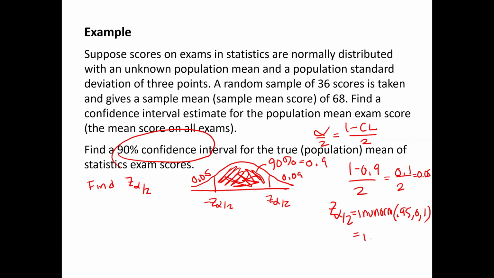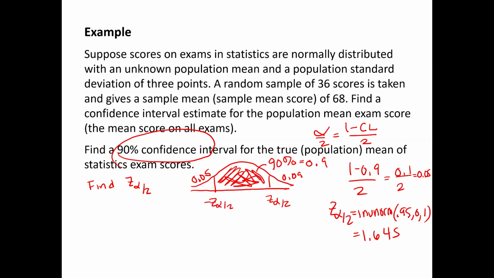You get 1.645. Now, being old school, been around forever, this is the other Z sub alpha over 2 we always memorized. So we always memorized for 95%, which is what, 1.96? And we always memorized for 90%, which is 1.645.